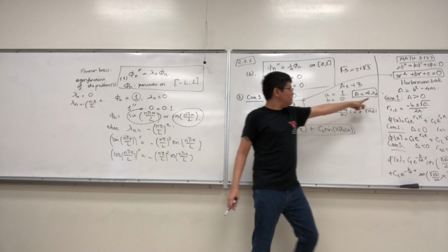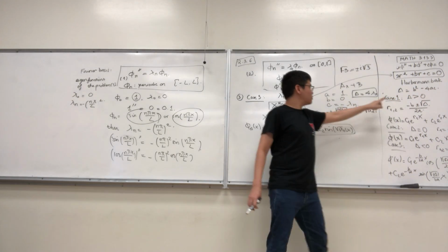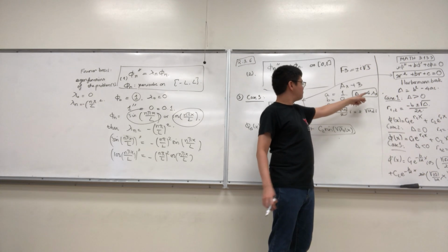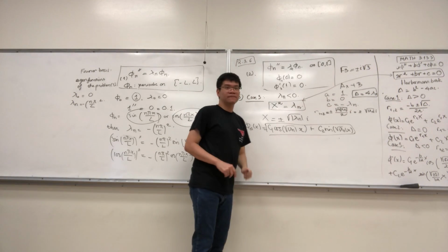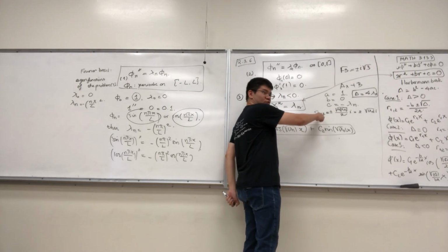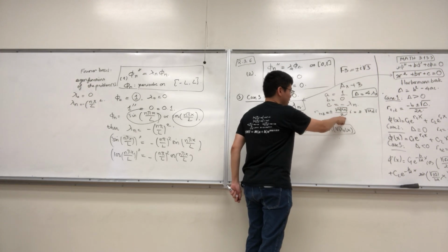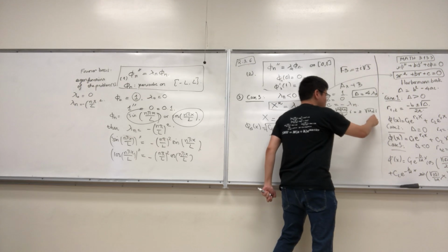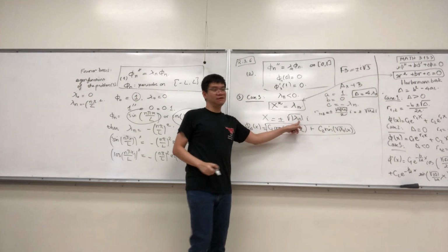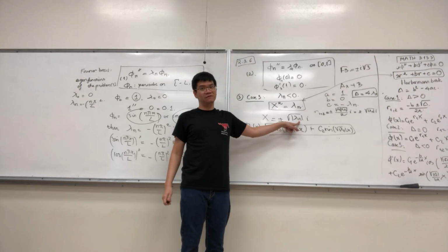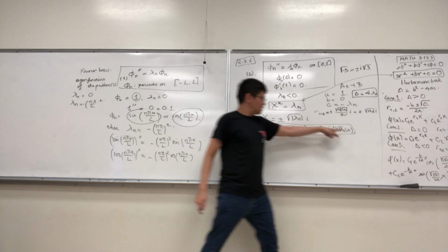The delta will be b squared minus 4ac. So b is 0, 4ac will be 4 lambda, right? So the two solutions R12 will be plus or minus the square root of lambda divided by 2a, which is 2. So I get the two roots, which is exactly the same as the solution that we have here, right?